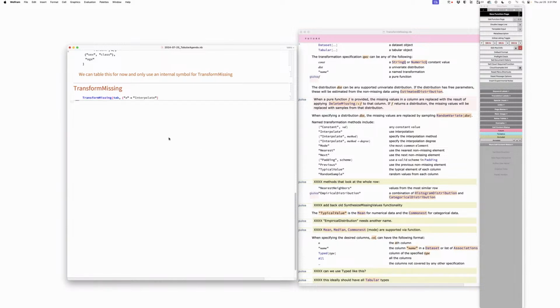If I simply have a list, and now I want to get rid of the missing in that list, how would I do that? Delete missing. No, I didn't mean that.